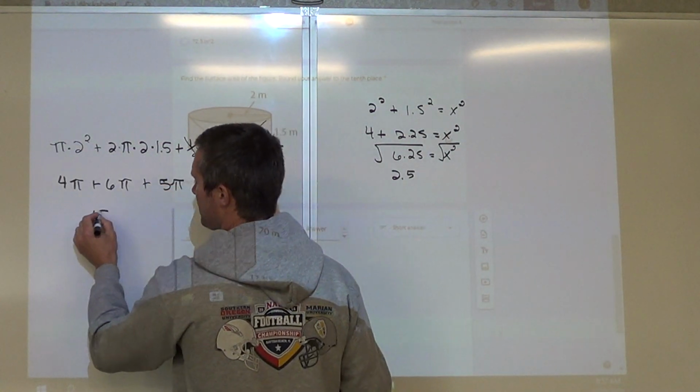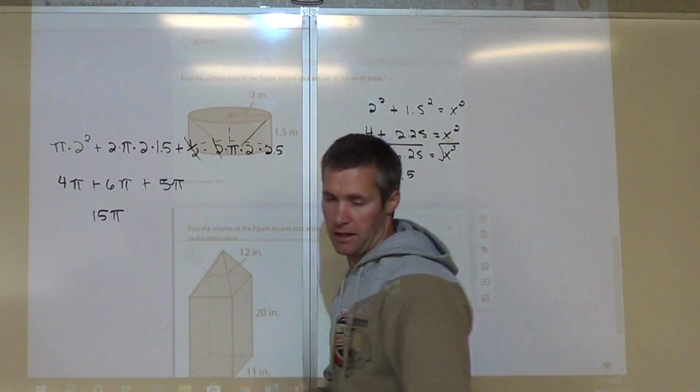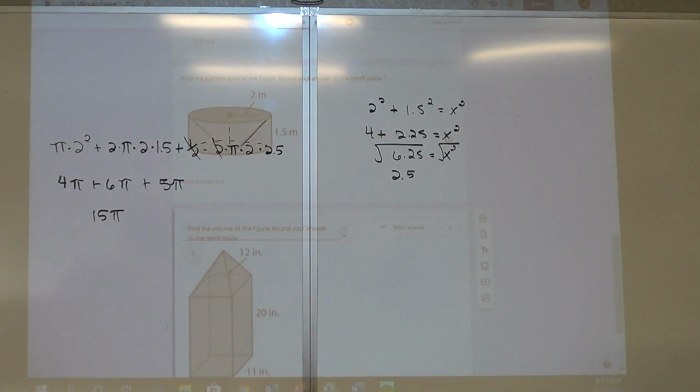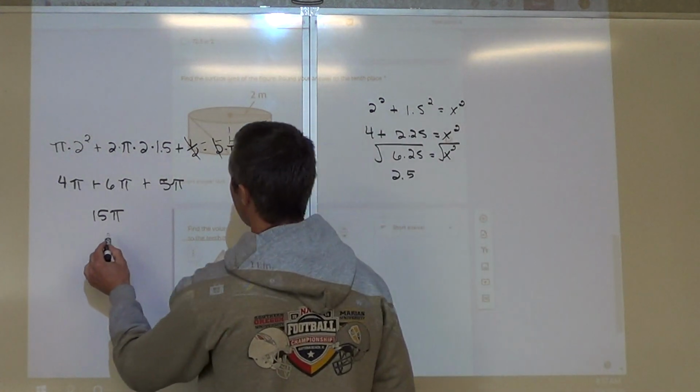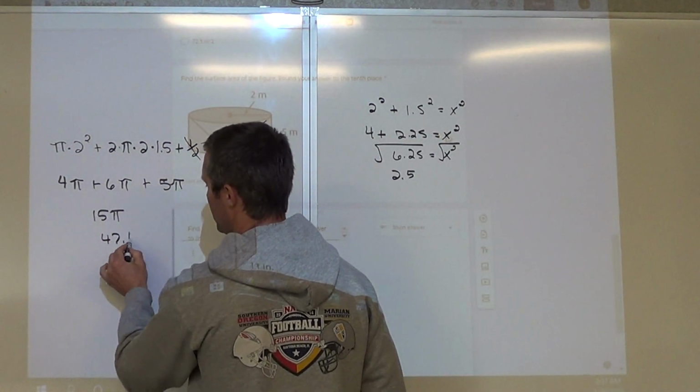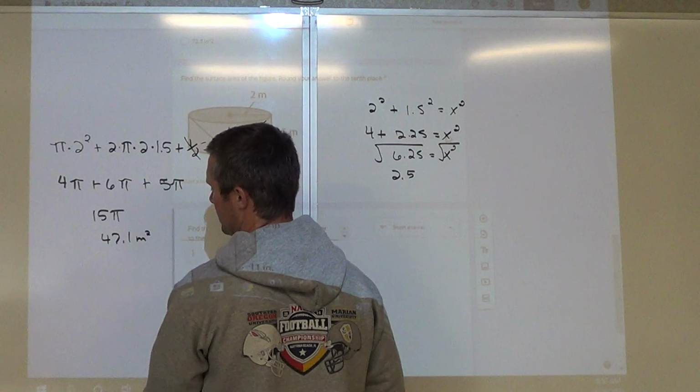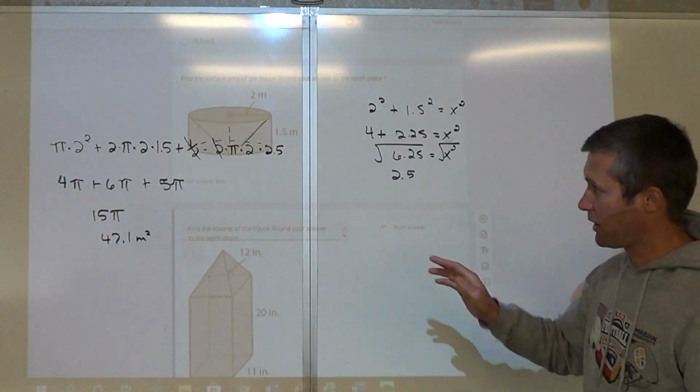So this would be 15 pi. And 15 times pi is 47.1, so it would be 47.1 meters squared. So I just break it down into sections.